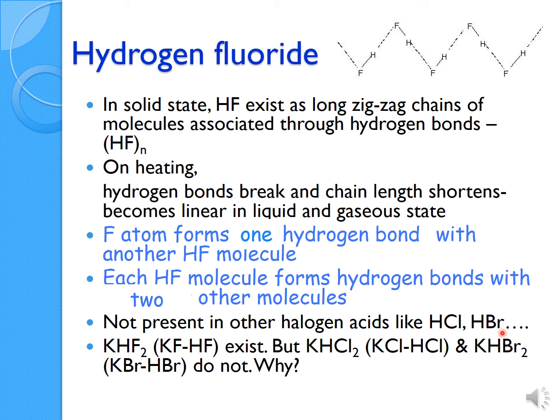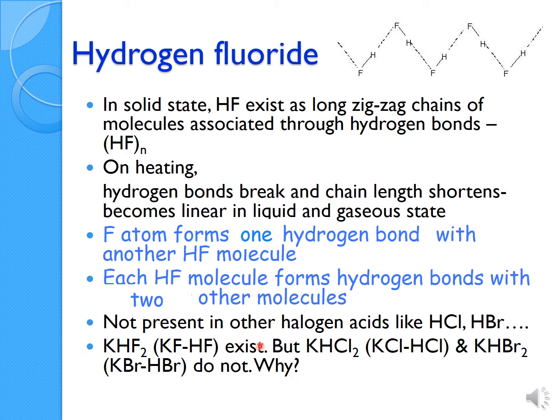We have already seen the conditions where an atom can form a hydrogen bond. The atom bonded to hydrogen should be highly electronegative and also it should be small in size. These two conditions are not satisfied by chlorine, bromine, iodine, etc. Therefore, hydrogen bonds are not present in HCl, HBr, etc. It is present only in hydrogen fluoride.